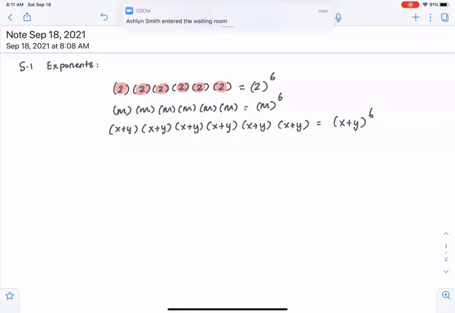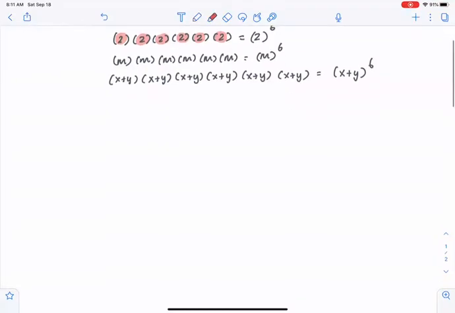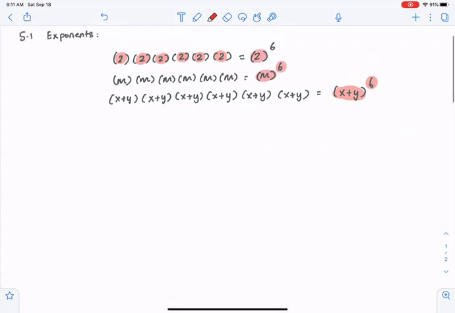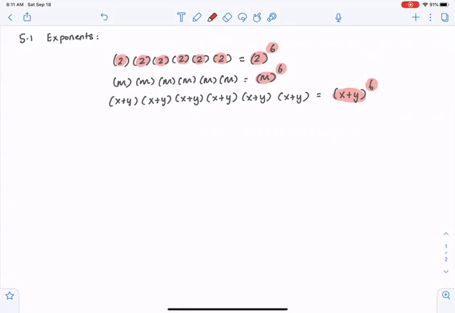So exponents come into play anytime you multiply a number or a term to itself over and over again. We like to call that the base and that the power. So the base would be x plus y, the power is 6. In the previous case, the base is m, the power is 6. Here the base is 2 and the power is 6.